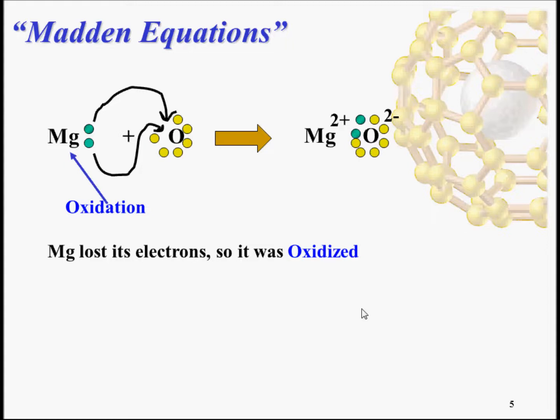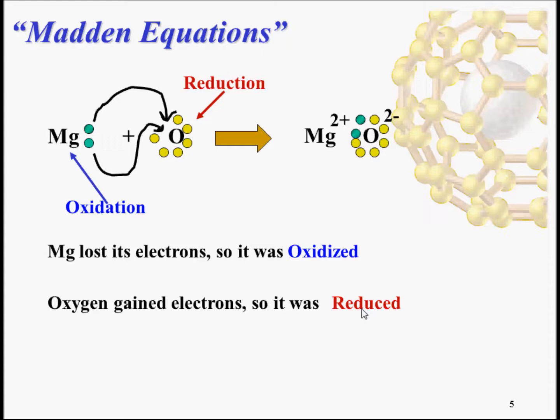It's no coincidence that it was reacted with oxygen, because oxygen tends to take electrons away from people, but it doesn't always have to be reacting with oxygen to be oxidized. Anytime you're losing electrons, you are oxidized. Now, of course, the oxygen, on the other hand, is gaining the electrons, and so reduction is gain, and in this case we have our oxygen, which has undergone reduction in this reaction.